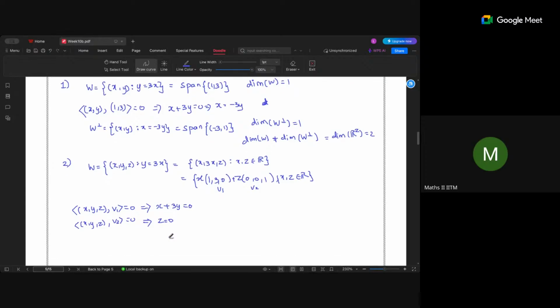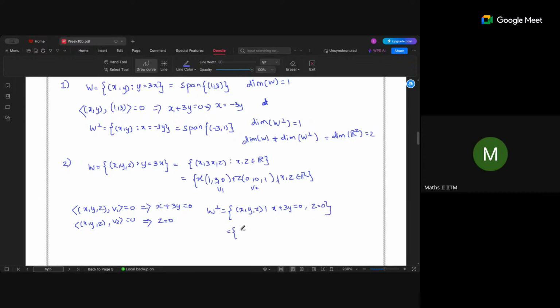Now, what is your W perp? W perp is the set of all (x, y, z) such that x plus 3y equals 0 and z is equal to 0.